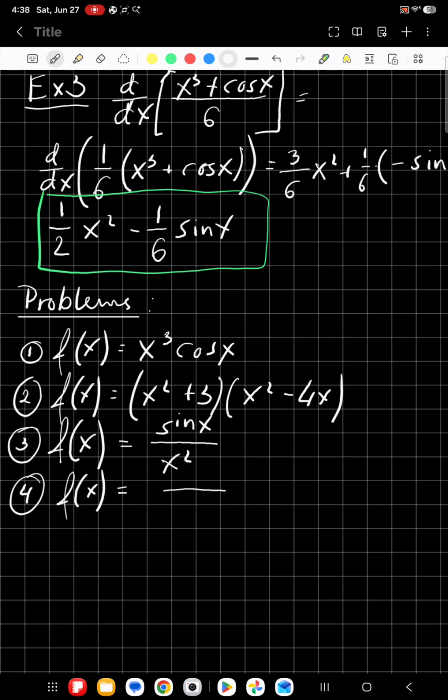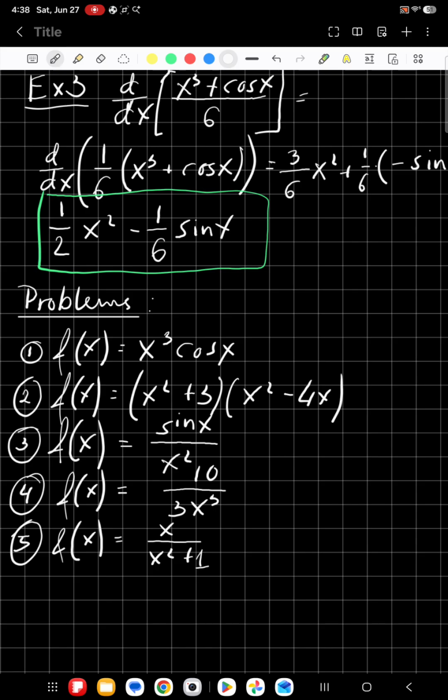Number 4 is 10 over 3x cubed. Number 5, that's the last one, is x divided by x squared plus 1.